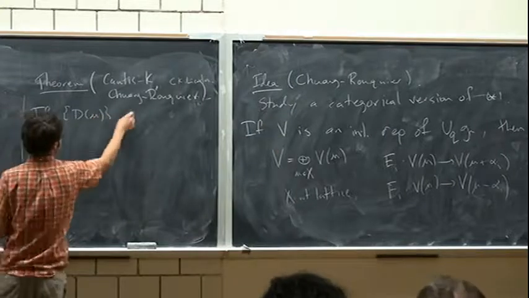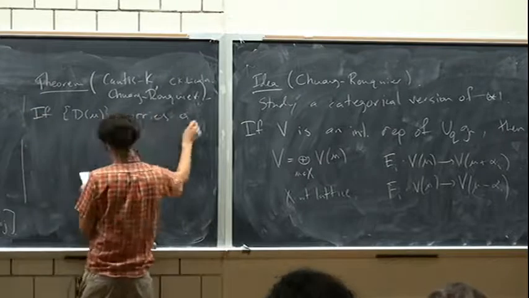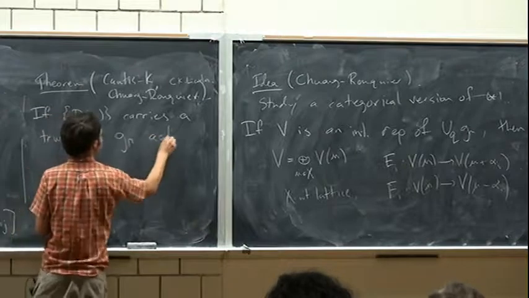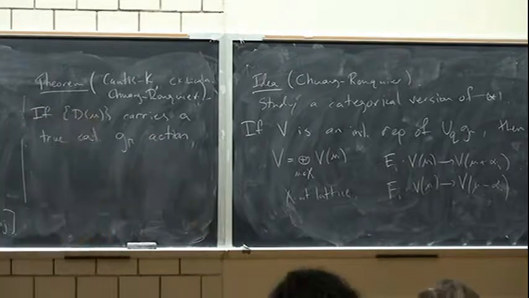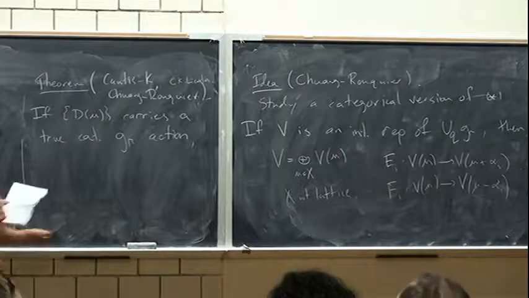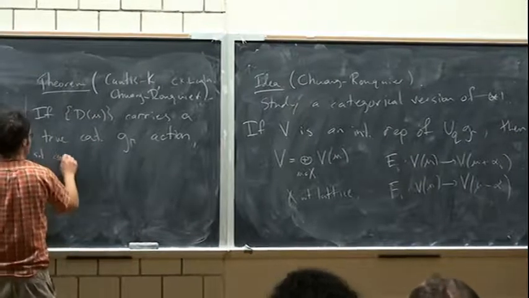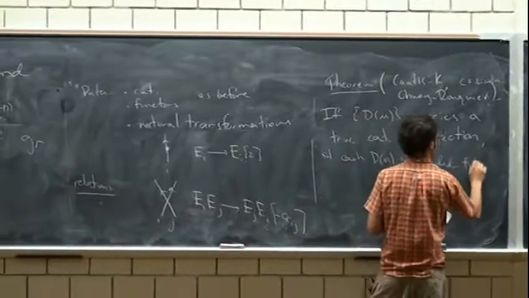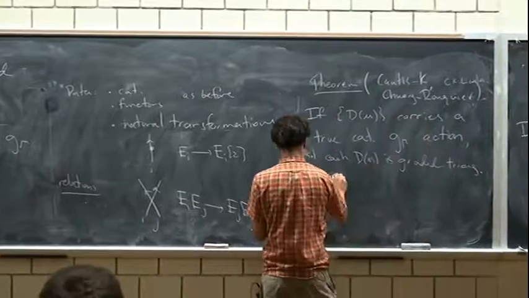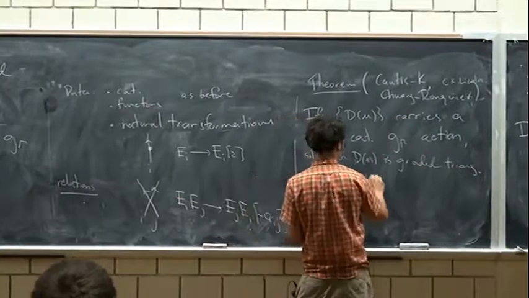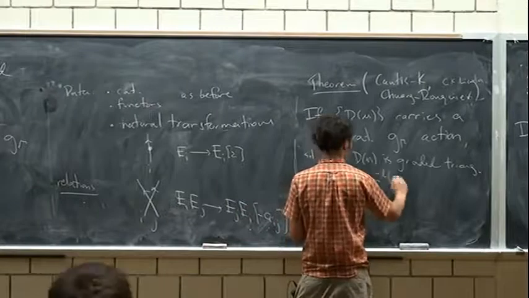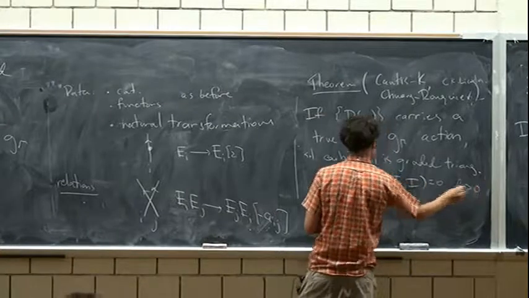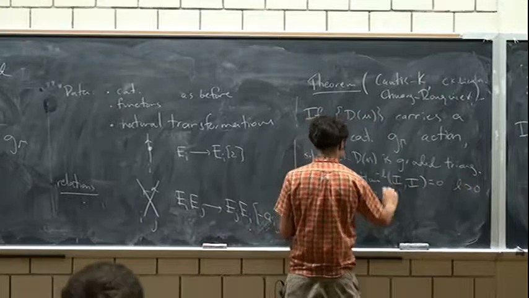If this collection of categories carries a true categorical G gamma I action, so exactly this thing, plus some additional technical assumptions such that each E mu is a graded triangulated category, and some restrictions on the Hom spaces, that Hom minus L from the identity to itself is 0 for L positive, and Hom 0 from the identity to itself.